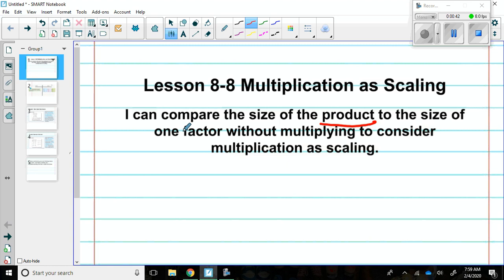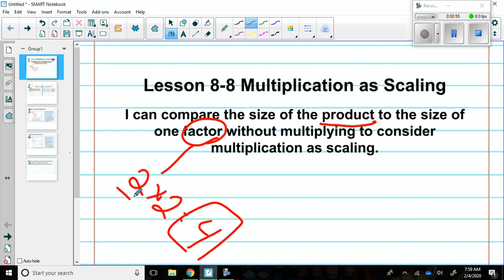So I can compare the size of the product to the size of one factor. Factors are two numbers you multiply together to get the product. So these are called factors, just to review some math terminology. Without multiplying, to consider multiplication as scaling.